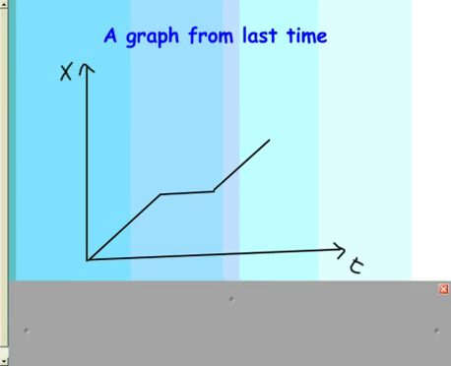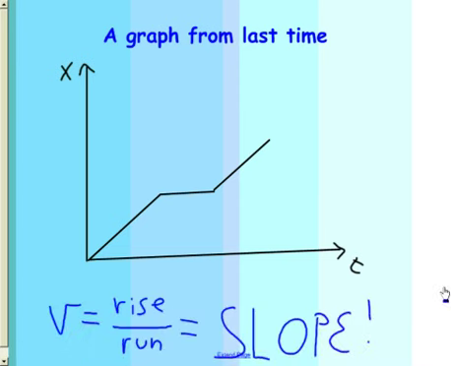The last thing we talked about, and this is huge, the velocity on this graph is the rise over the run, or the slope. Okay, so going back again, what would the velocity right in here be?